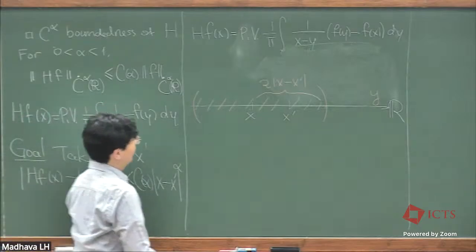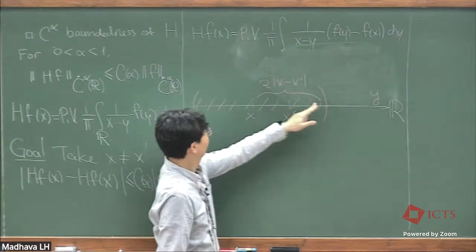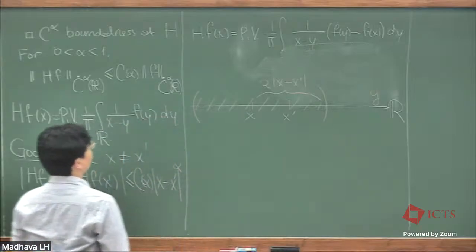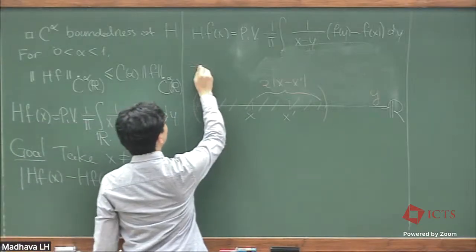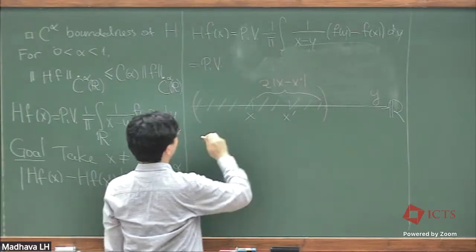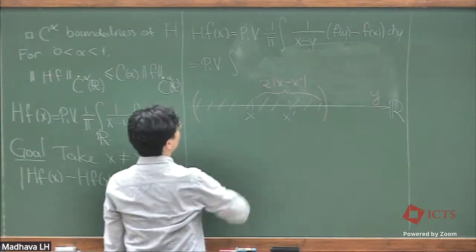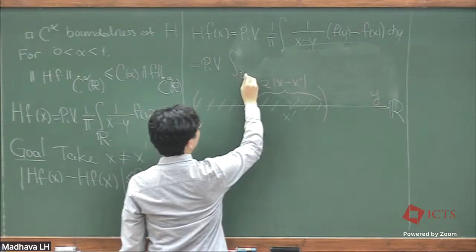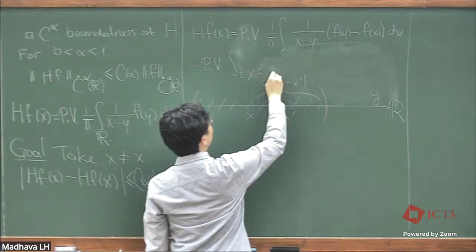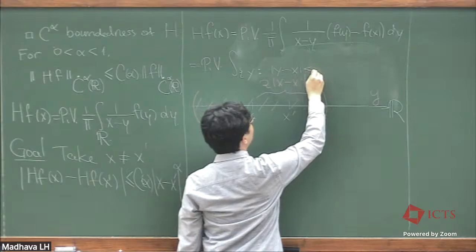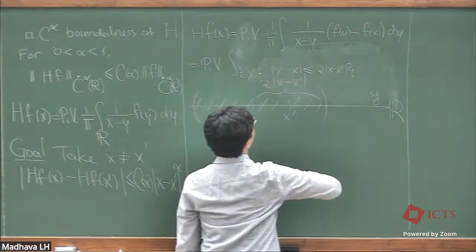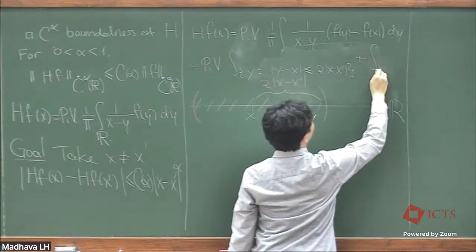So in this region, we just integrate directly. We split the integral into two regions. The first region is the set of y such that y minus x is less than 2 times x minus x prime, and the remaining.